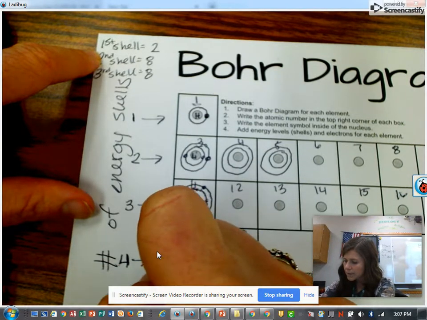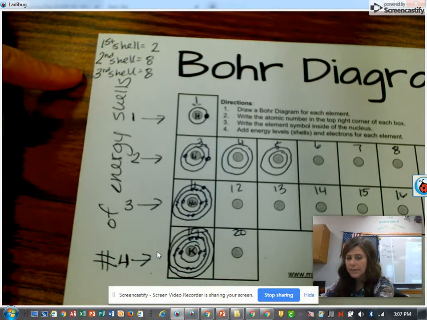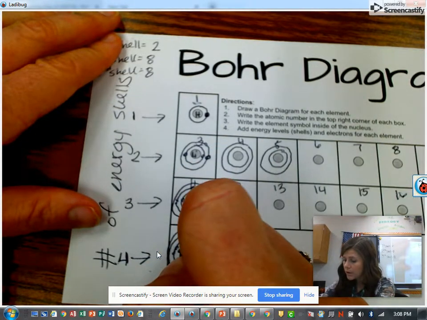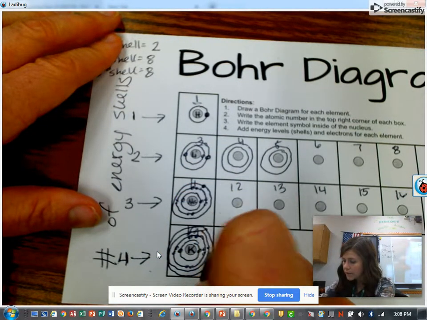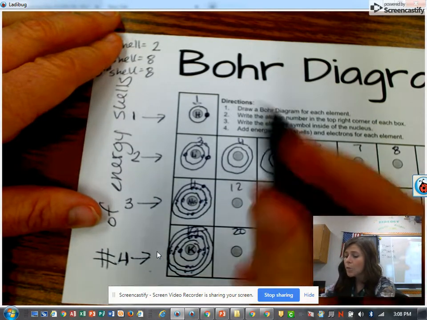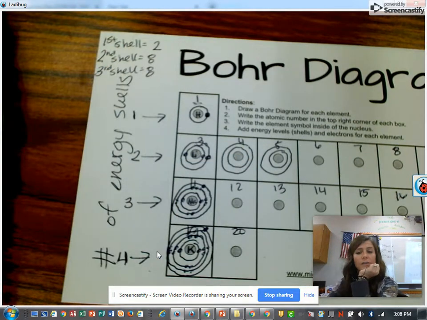The third shell has 8, so that would be 18 total. Now we're at 18. We're in group 1, so we should have 1 more in this outer energy level.